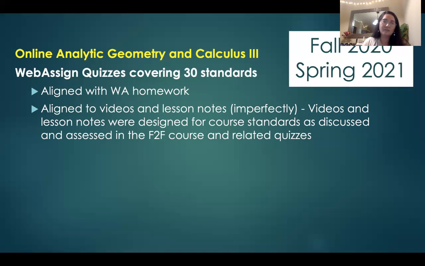And if I were to make the alignment perfect to the Webassign quizzes and TCC were to decide to change books, then I would have to redesign everything. And I guess we do that every time we adopt a new textbook. We do redesign for that textbook often. But I think there are 113 videos in Calculus 3, and I don't think I would be able to remake 113 videos every time we got a new textbook.